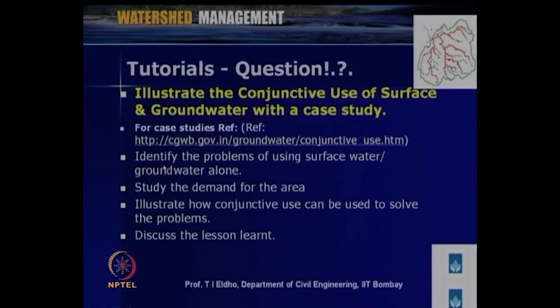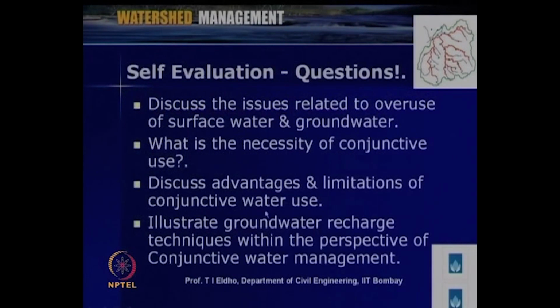In the case study, you can identify the problems of using surface water only or groundwater only, then study the demands for the area which we are looking at as a case study, then illustrate how conjunctive use can be used to solve the problems for the area. Then you can discuss what lessons were learned as far as that area is concerned.